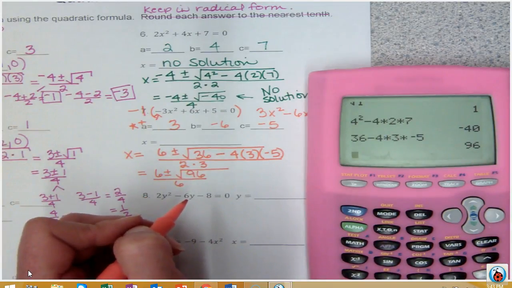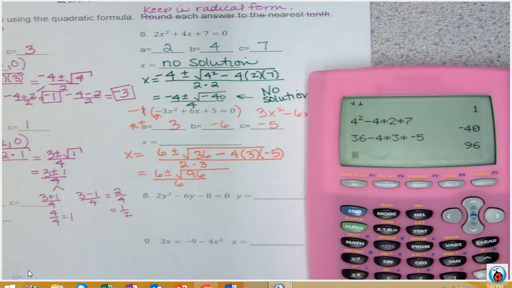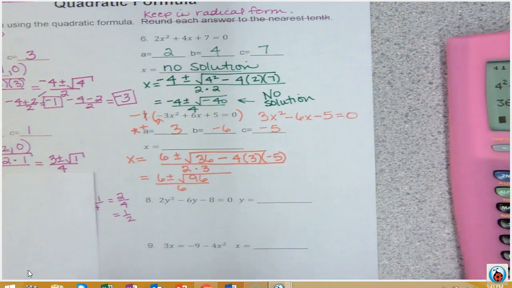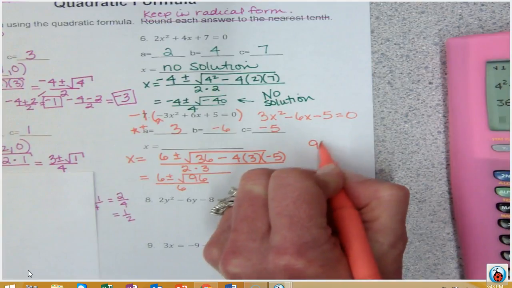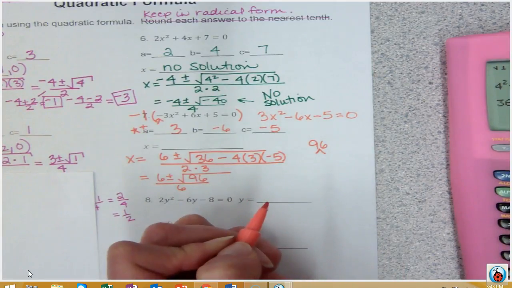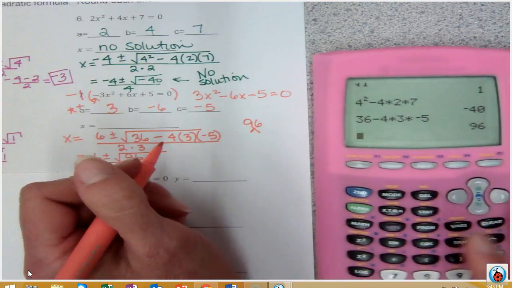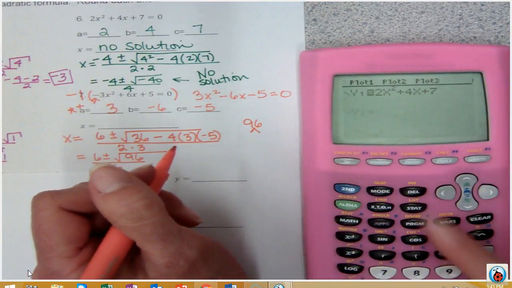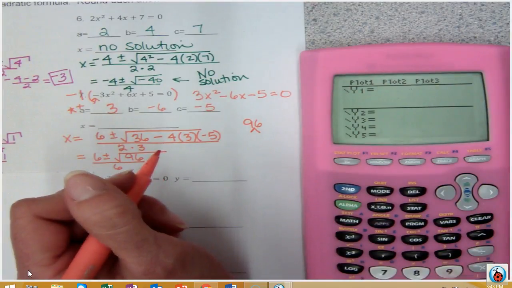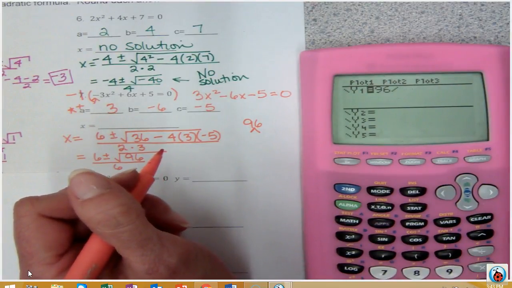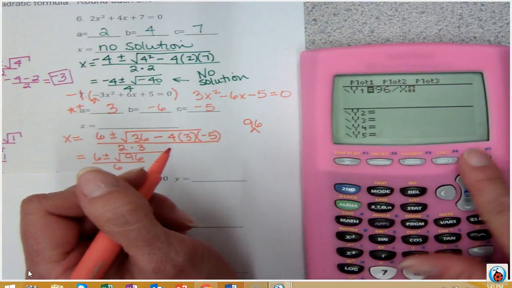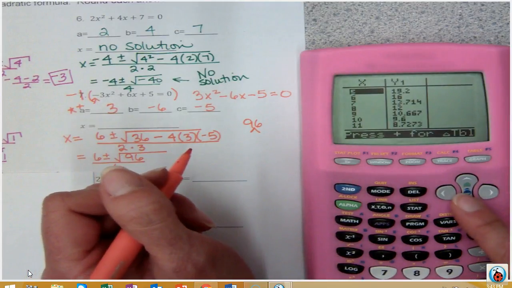Now, 96 can be simplified. That is not going to be a multiple choice answer right there. A multiple choice answer would be simplified. So you need to take your 96 and figure out what two numbers multiply to give you 96. Or you can plug in your y equals and say 96 divided by x and go to your table.